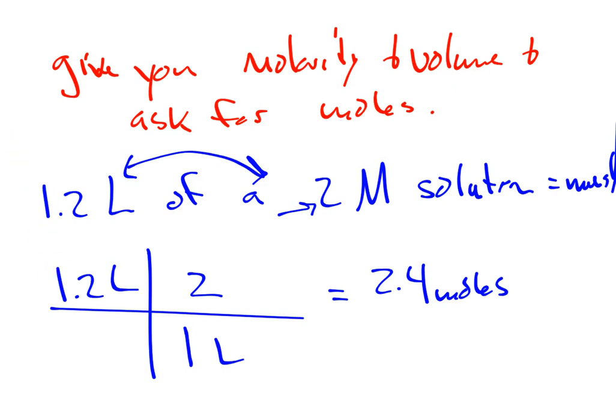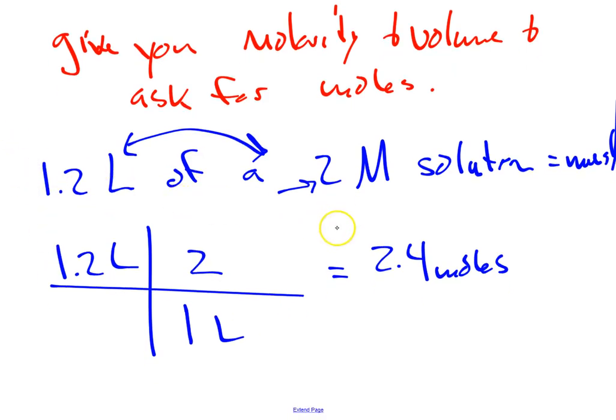Now, we must be a little bit more careful. If I told you it was this volume of 2 molar solution of MgCl2, this solution would have 2.4 moles of Mg2+.